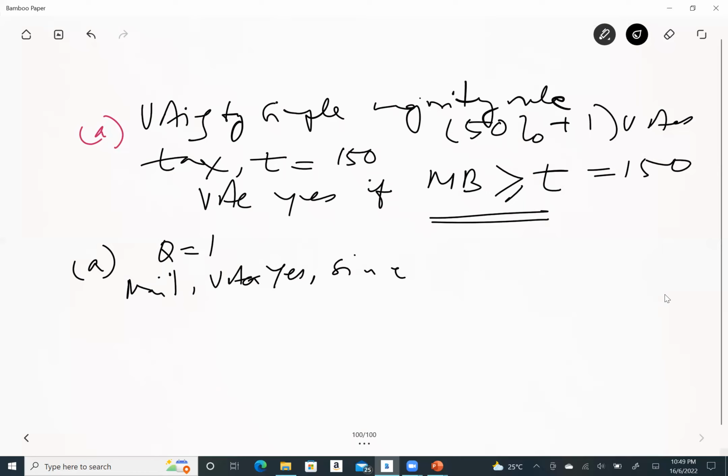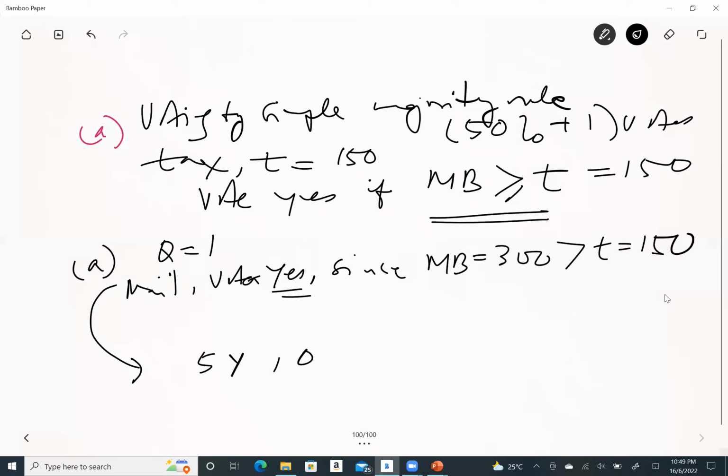Since his marginal benefit is equal to 300 at Q equal to 1, which is bigger than the tax, which is equal to 150. So he votes yes. So you make the argument for everyone. So you see here, 5 vote yes, 0 no. So this is not simple majority, this is unanimous.